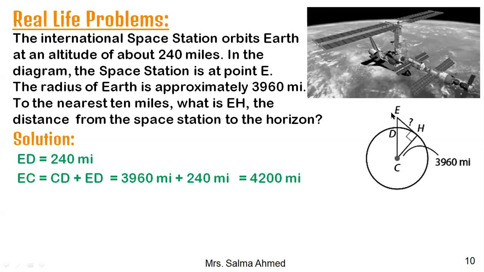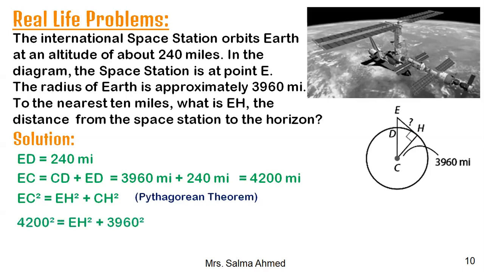Now, it is a right triangle, so I can use the Pythagorean theorem to find the unknown side. EC squared equals EH squared plus CH squared. Substituting the known values, 4,200 squared equals EH squared plus 3,960 squared.